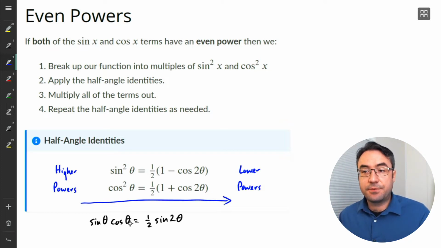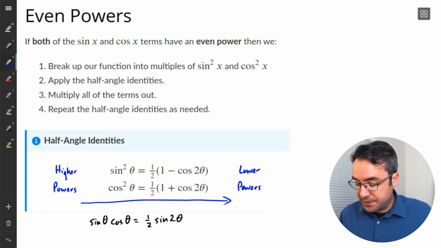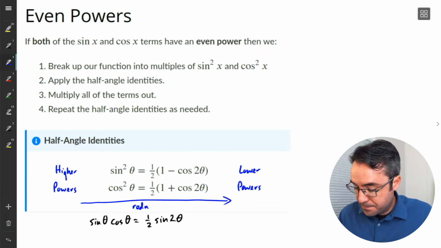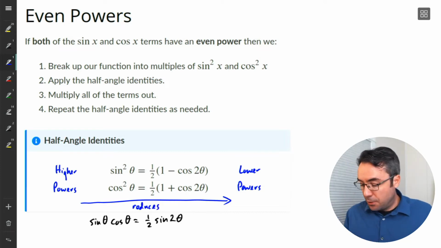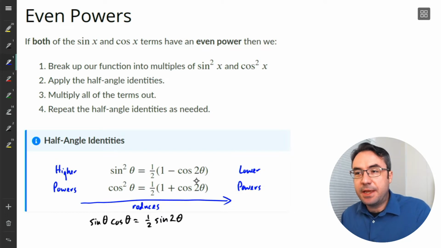Here we have two trig functions, sine of theta times cosine theta, and it reduces it into just one trig function with an exponent of 1. So that's why these trig identities are going to be helpful, because they take these higher powers and reduce them into lower powers.